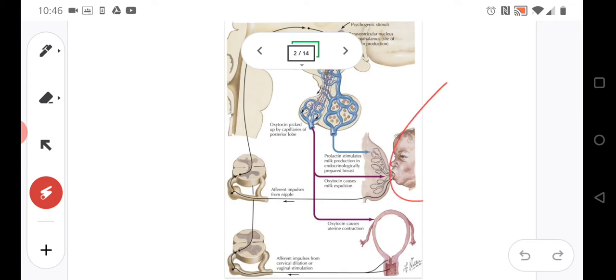With oxytocin, of course, we are talking mainly about women, because the main thing connected to this is uterine contractions, and this is, I suppose, the most important thing to remember about it. However, as with all hormones, men also have it.